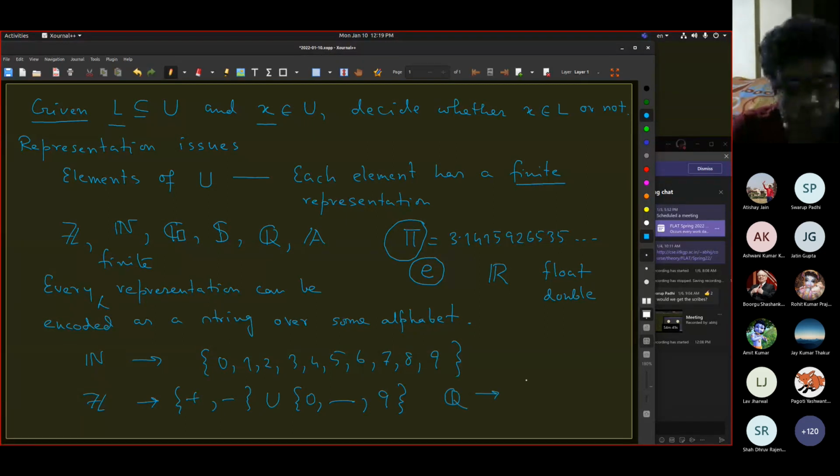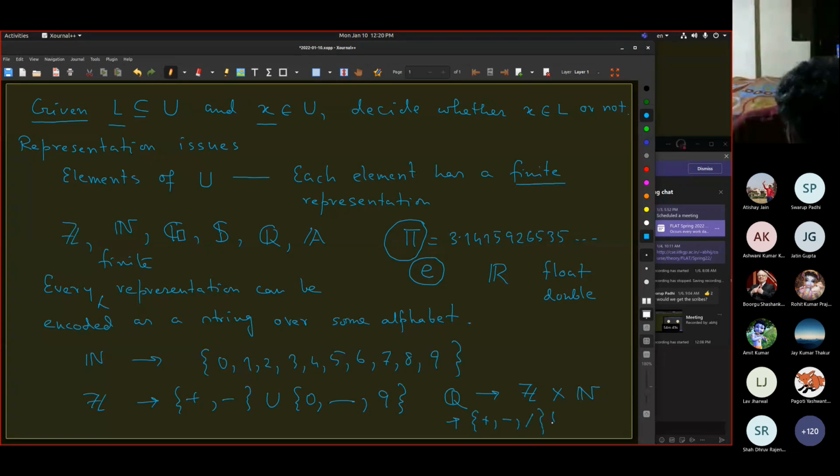This is basically nothing but, let us say, Z cross N. So if this has a finite representation as a string, and this has a finite representation as a string, then I just use some separator, which may be slash. So the elements of Q can be represented using this set: plus, minus, a separator, then the usual 0 through 9.